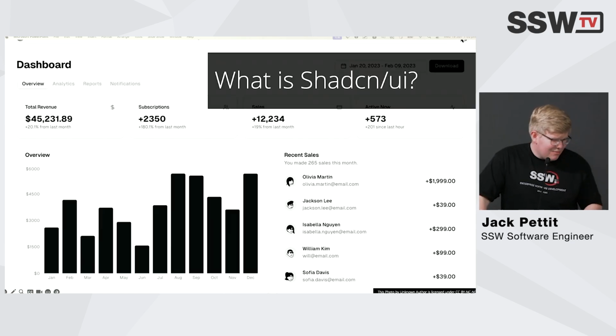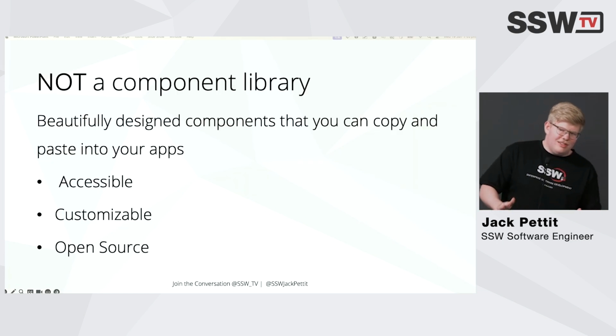But okay, so we can see this cool new thing, but what actually is it? Well, it looks good for starters, but it's not the typical component library. What I mean by that is it's not exactly an NPM package you can download and bring into your project. It's not like the traditional, but it is beautifully designed components that are just copy and pastable.